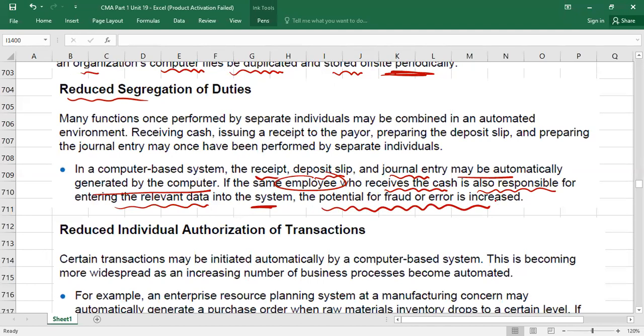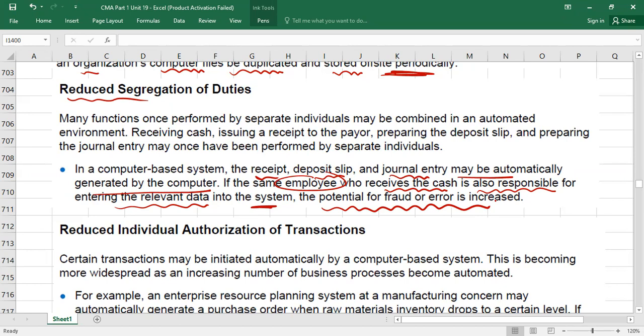Why? If I am the one who receives the cash and I am also the one who enters it into the system, and I receive more cash than the transaction value, maybe I will steal the excess, right or wrong. So the potential for fraud and error is increased.